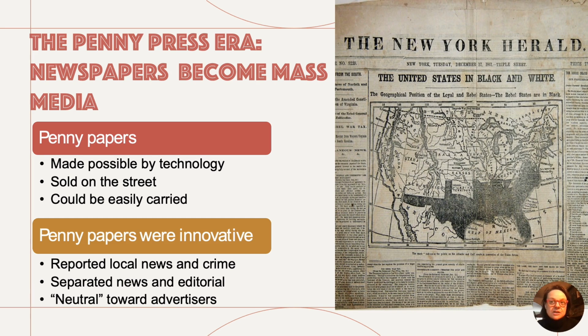A real expansion on who readership is imagined to be and who has access to newspapers doesn't really come until the penny press era. So this is also when newspapers officially become, our textbook argues, mass media, right? This is when a large portion of the population starts to have access to newspapers.